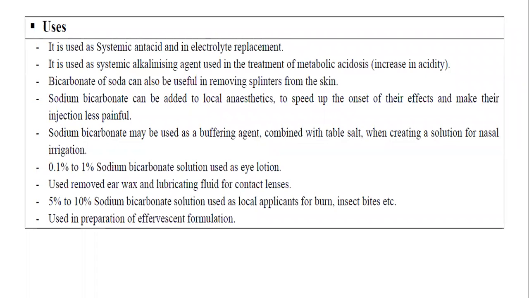Next, 5% to 10% sodium bicarbonate solution is used as a local application for burns, insect bites, etc. Last one is it is used in the preparation of effervescent formulations. That is, if you put it into water, it helps in the evolution of carbon dioxide. So therefore, it can be used in the preparation of effervescent formulations as well. These are the various uses of sodium bicarbonate.